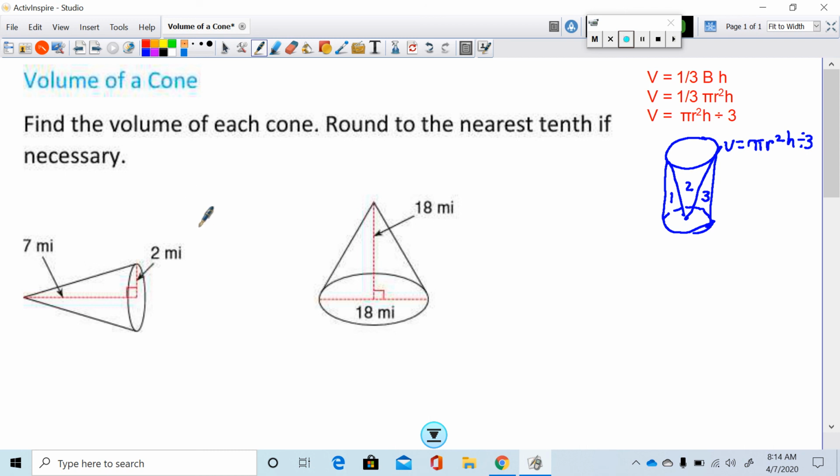So for this one, the first thing I do is identify the parts that it gives me. It helps to look at this little box here, because those are the two numbers that you're going to be dealing with. Now, the first thing you want to do is look at the circle. If they gave you the radius or the diameter: the diameter is all the way across.